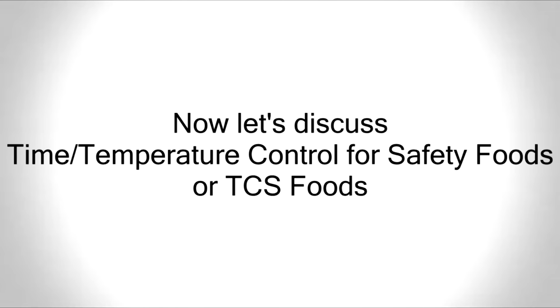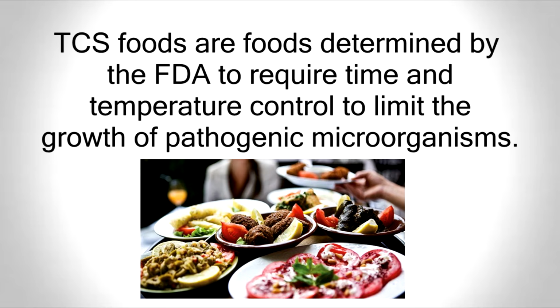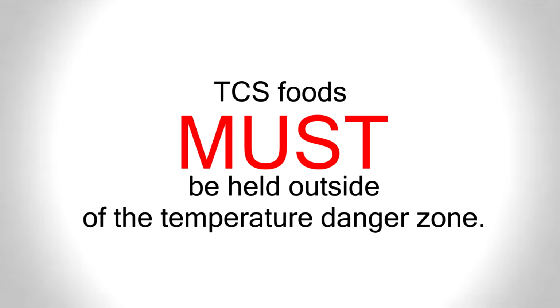Now let's discuss time temperature control for safety foods, or TCS foods. TCS foods are determined by the FDA to require time and temperature control to limit the growth of pathogenic microorganisms. TCS foods must be held outside of the temperature danger zone.